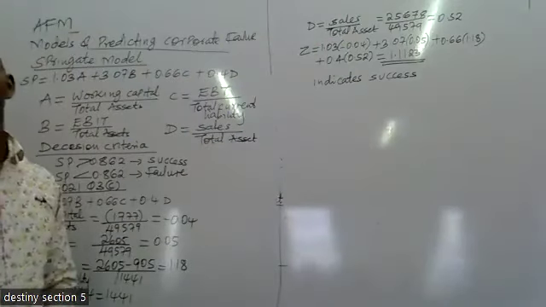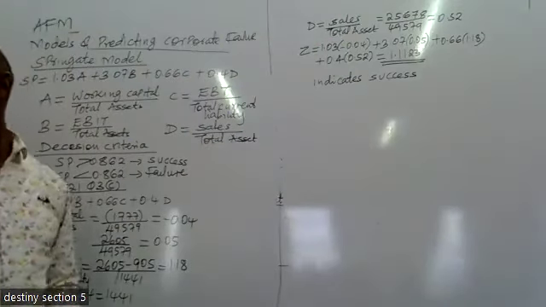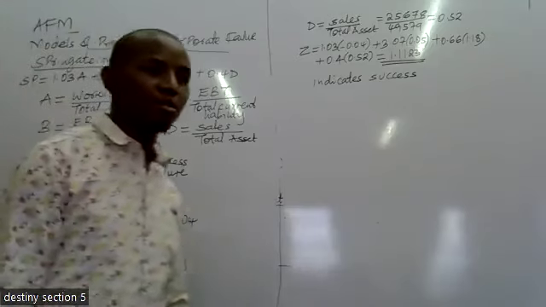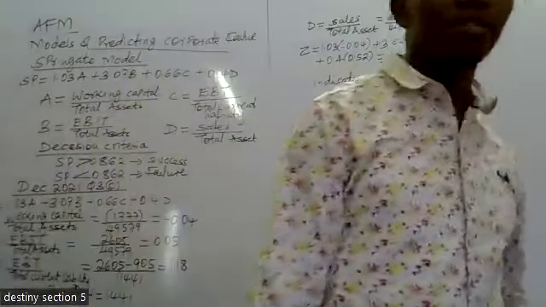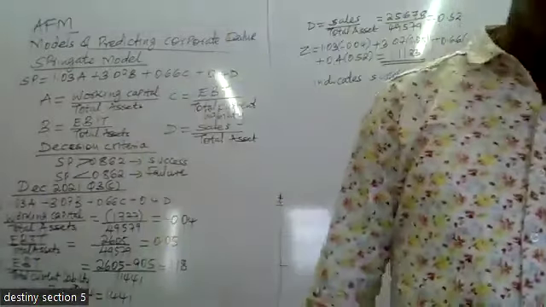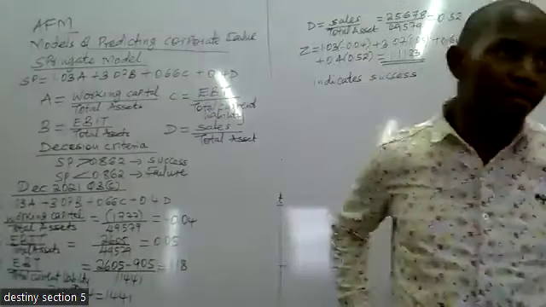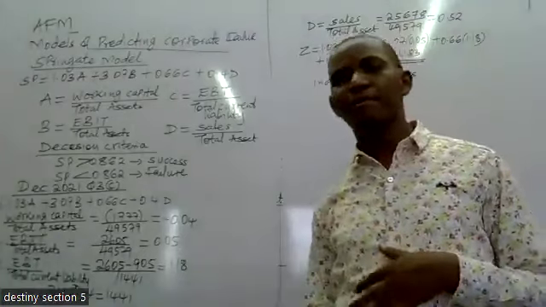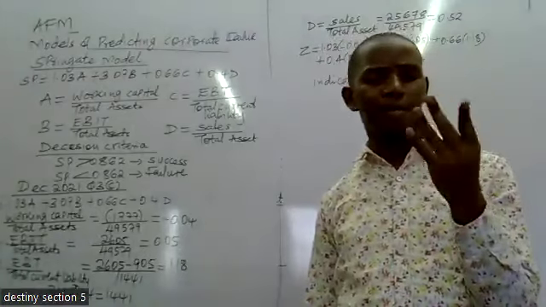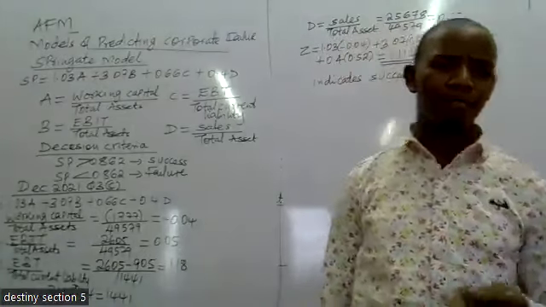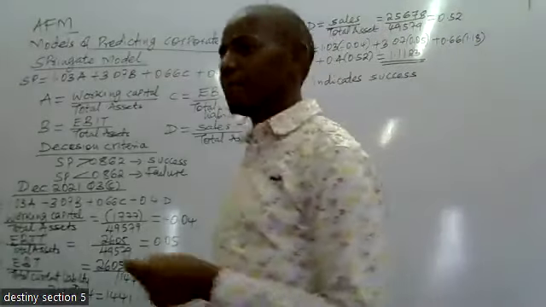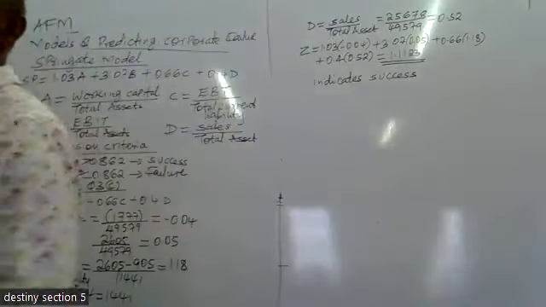Now the third one, capital structure theory, is what we call the traditional theory. That is basically on the theory part. It is a question I think from November 2016.